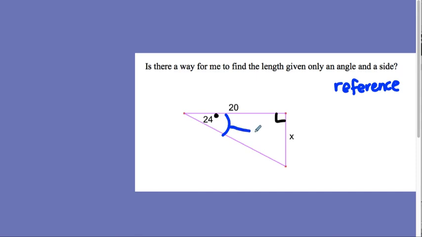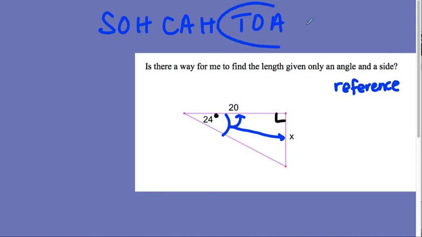So in my SOHCAHTOA, opposite and adjacent is tangent. So I can write an equation to solve for x: tan of the angle, tan 24, equals x over 20.